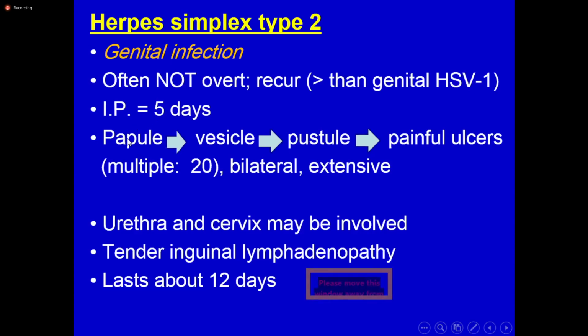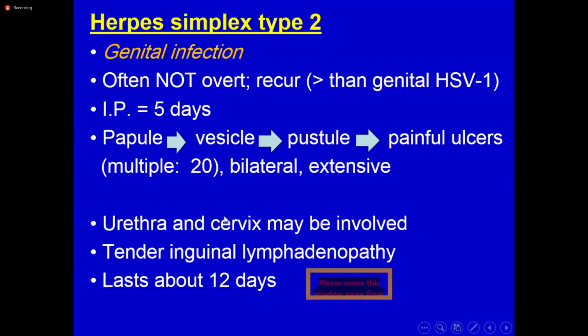There will be papule. Papule means pimple. Vesicle, when the papule contains a fluid, it is called vesicle. And the vesicle, when the fluid changes to pus, it is called pustule. You will have these terms, God willing, in year 5 when you take dermatology. These ulcers are usually painful and multiple, around 20 ulcers, bilateral at the genital area and extensive.